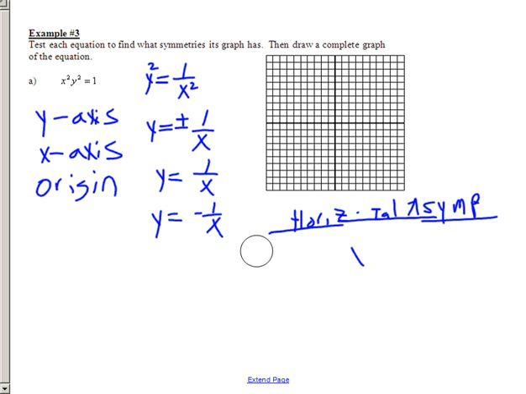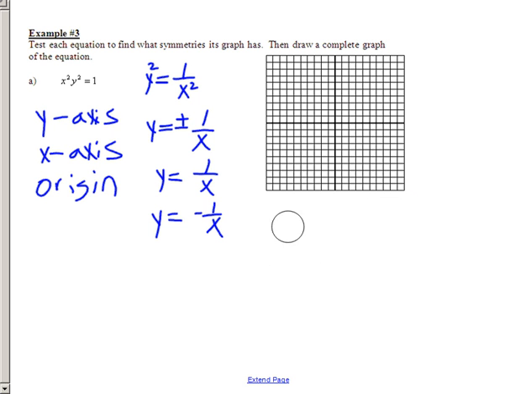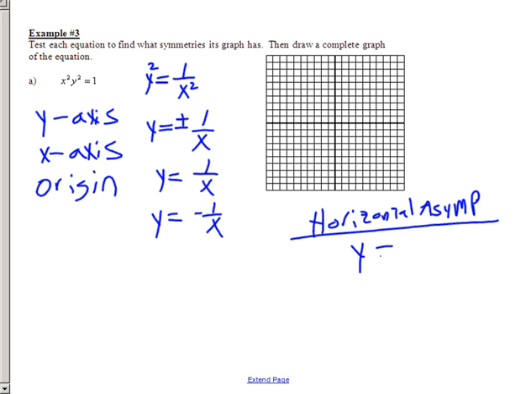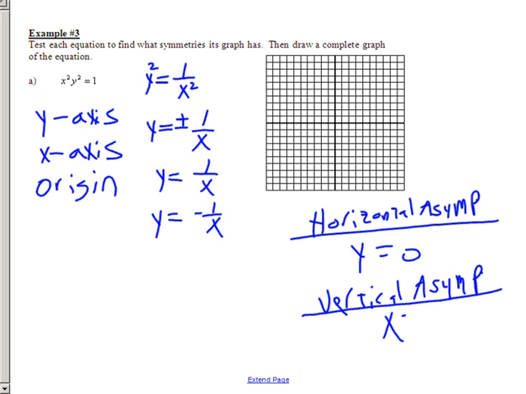Let me write it again for you. Horizontal asymptote at y equals 0, and we have a vertical asymptote at x equals 0. Let's dot those asymptotes in so we know what we're dealing with.